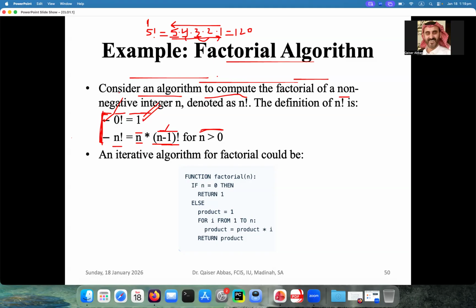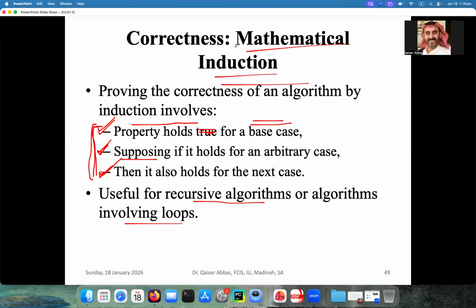If we have to prove that some algorithm is correct or not by using mathematical induction, we have to perform these 3 steps. First is the base case. Second is the arbitrary case, but the title for this case is called inductive hypothesis, IH.